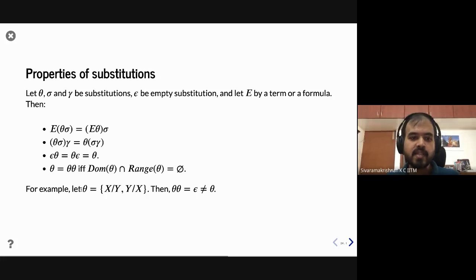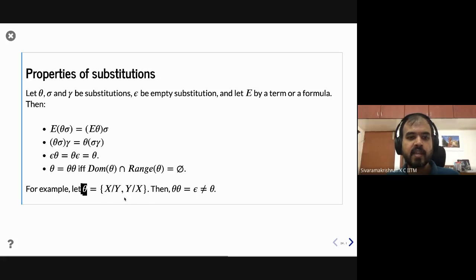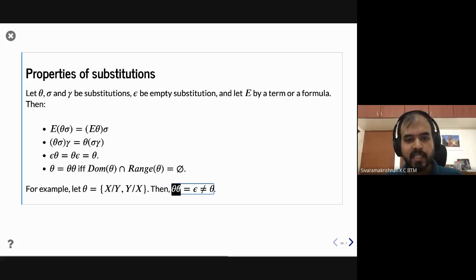For example, consider theta to be x slash y, y slash x. Then theta theta is essentially going to first replace all x's with y, y with x, and then put it back. It replaces all y with x and x with y. So in essence, theta theta is the empty substitution, which is not the same as theta.